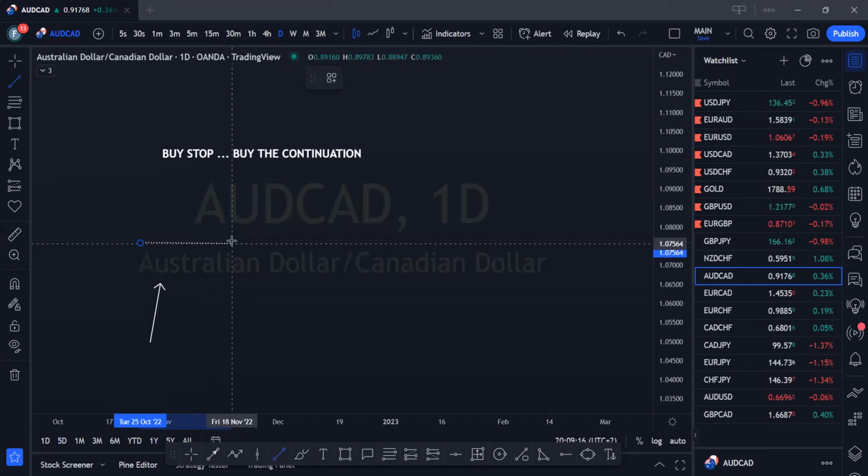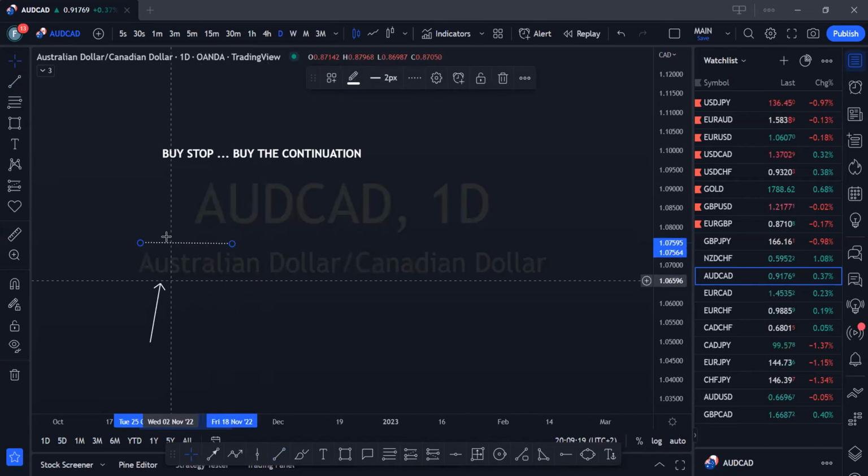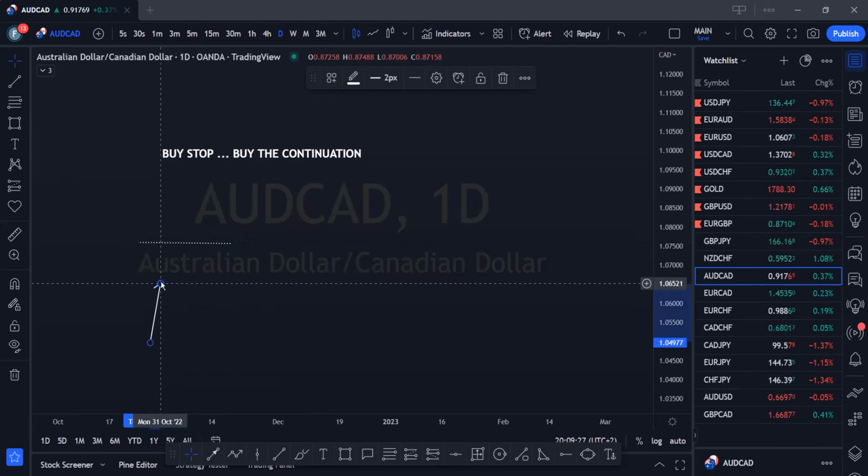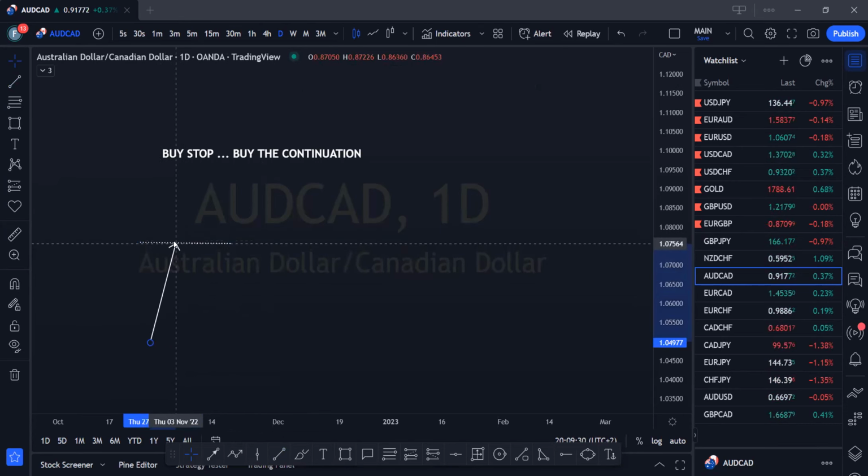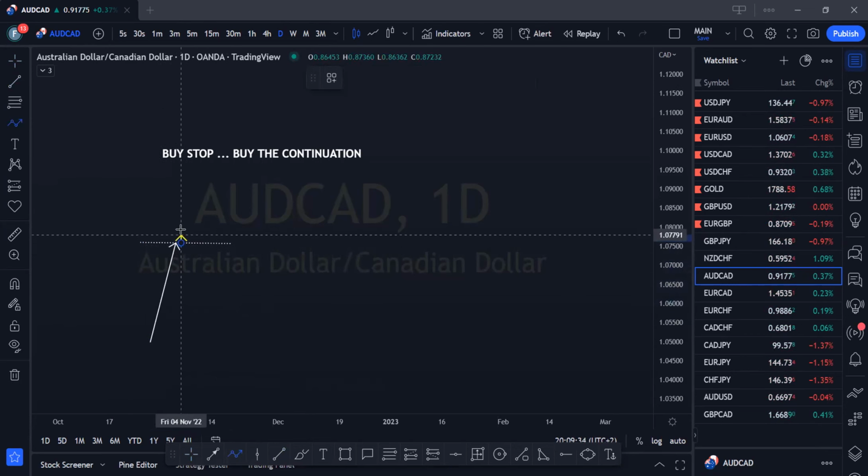If you have set a buy stop at this price, that means if price gets to this place, you'll be entered into the market for an immediate buy. So that is buy stop, a continuation pending order.